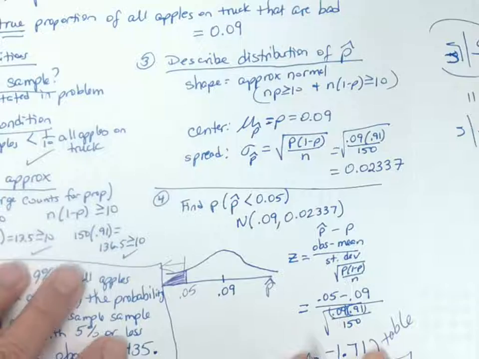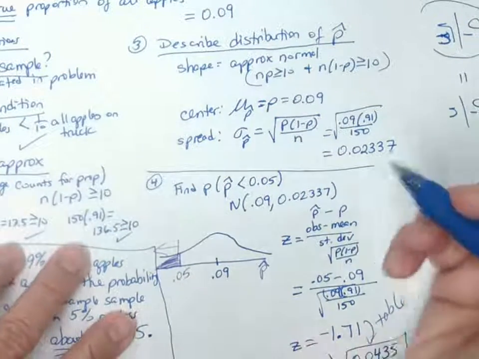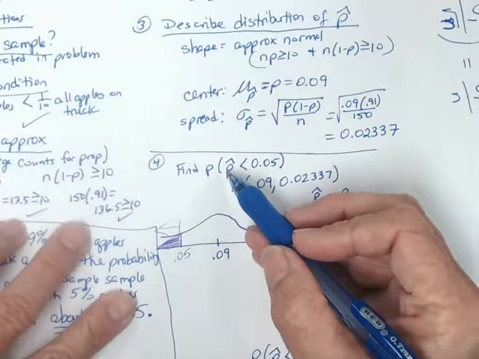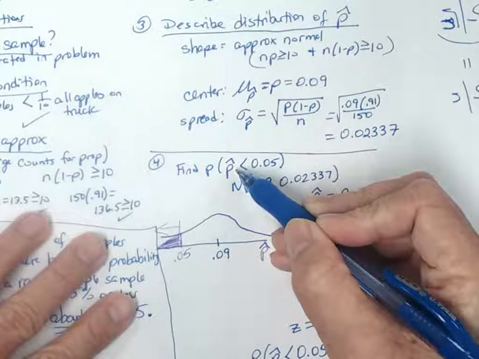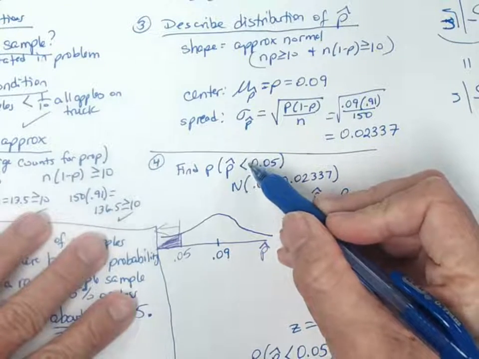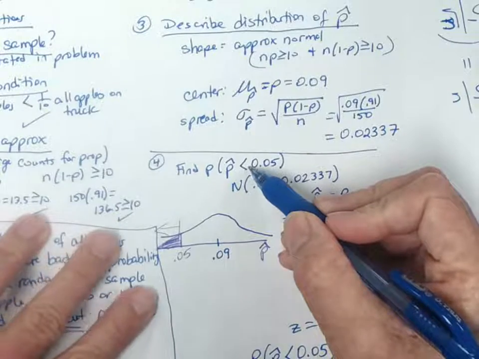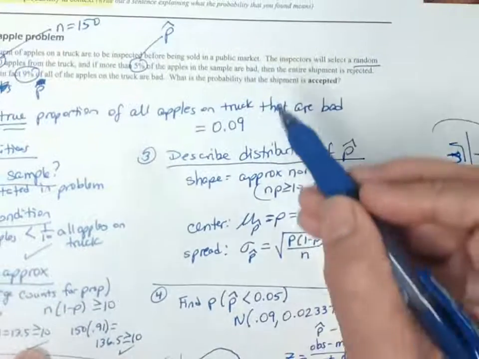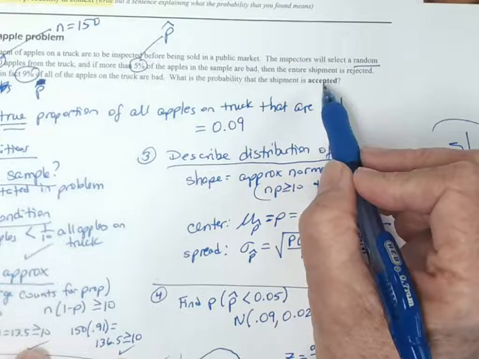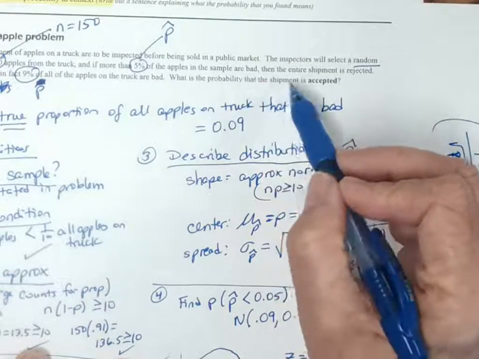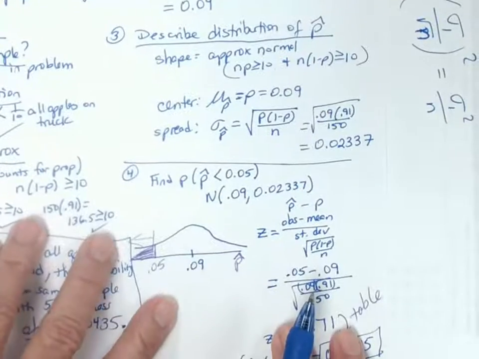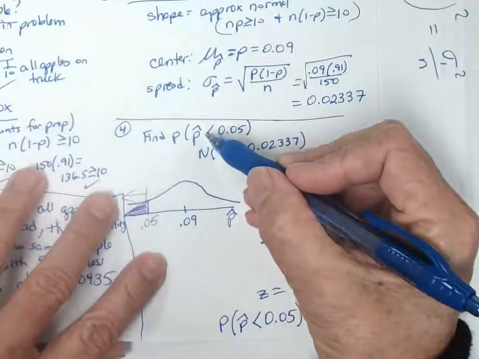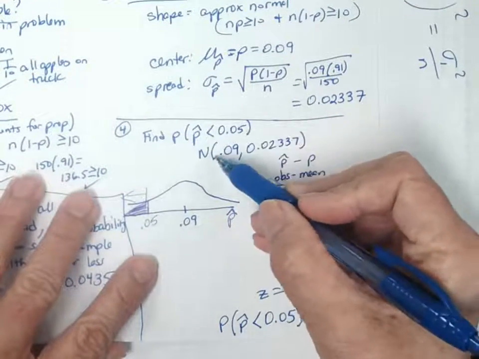Next up, we want to now do our normal probability calculation, and I've been asked to find what is the probability that if I take this sample on this truck, it is less than or equal to 5%. So again, remember, we were asked, what is the probability that the shipment is accepted? That means that p hat must be found to be less than 5%. So that's what I'm trying to find.